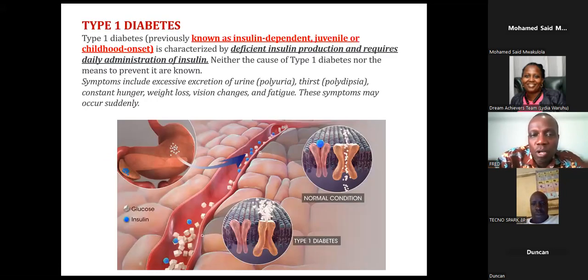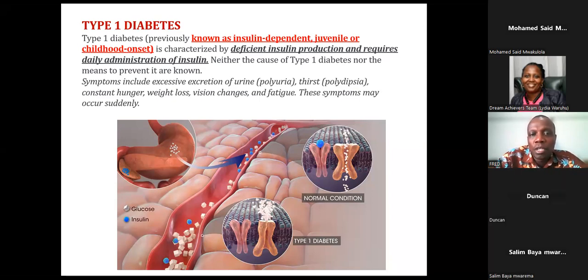And first off, let's look at the types of diabetes. Type 1 diabetes. Now, this one is known as insulin-dependent or juvenile or childhood onset diabetes. And it's characterized by deficient insulin production and requires daily administration of insulin. Now, the causes of type 1 diabetes are not exactly known.